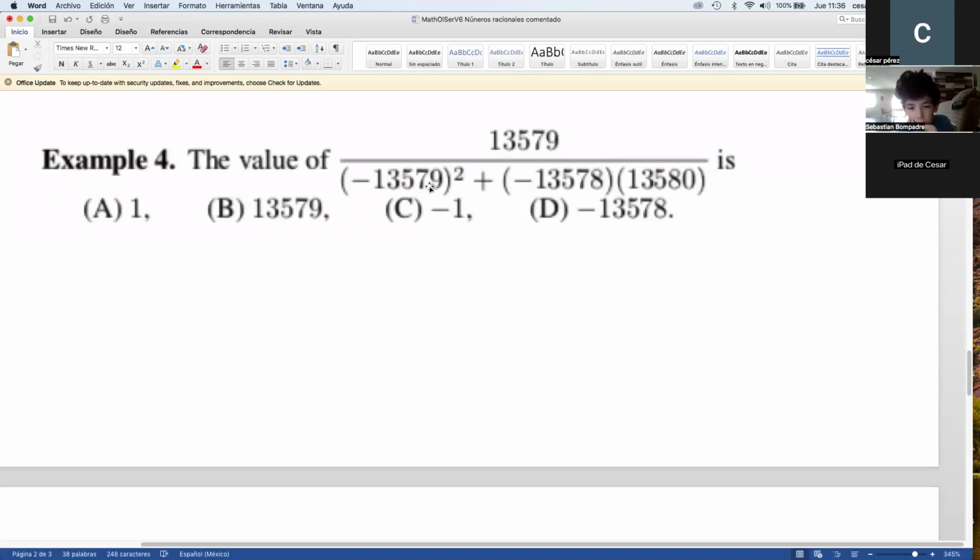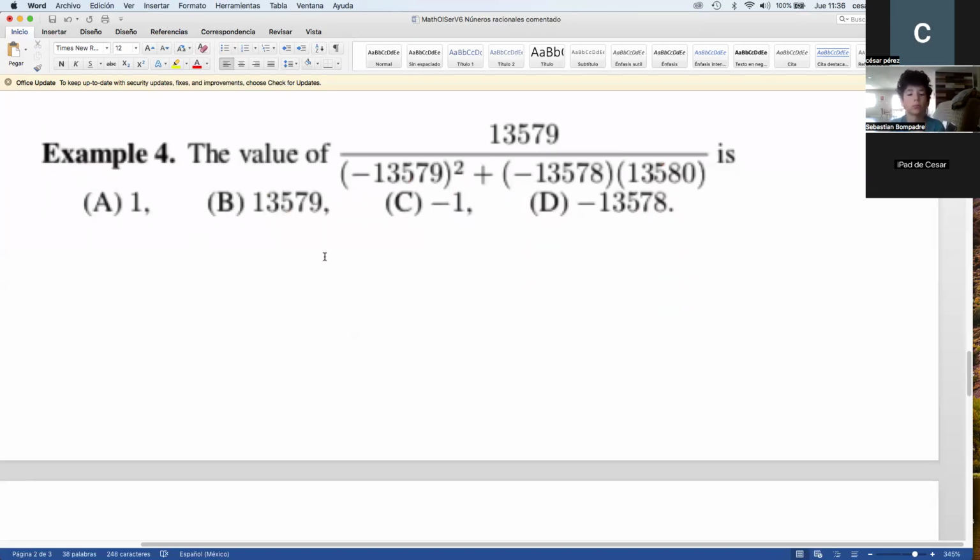Okay, let's try this one. What did you find?